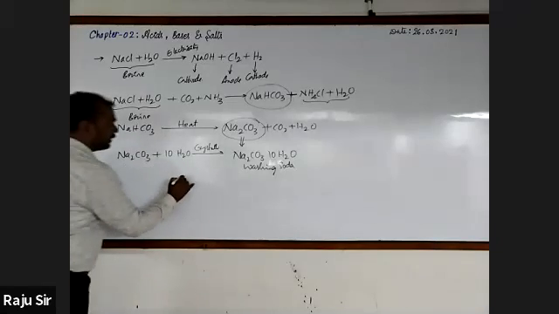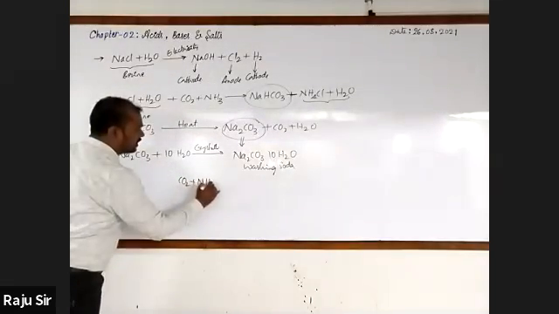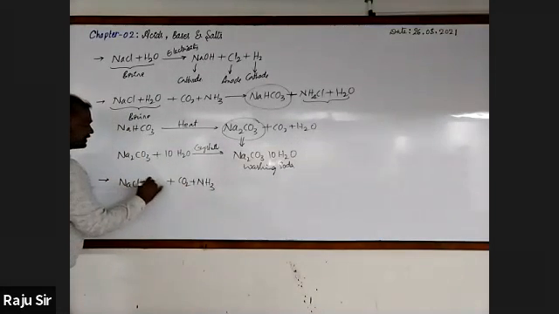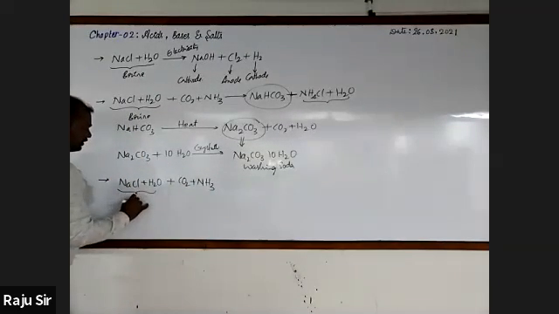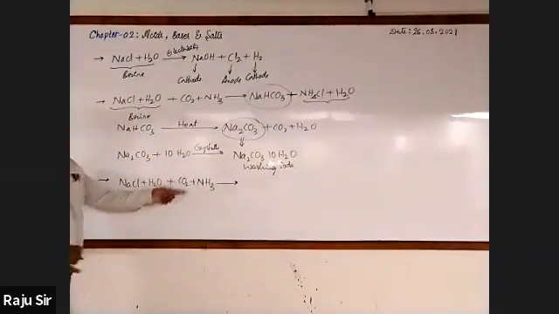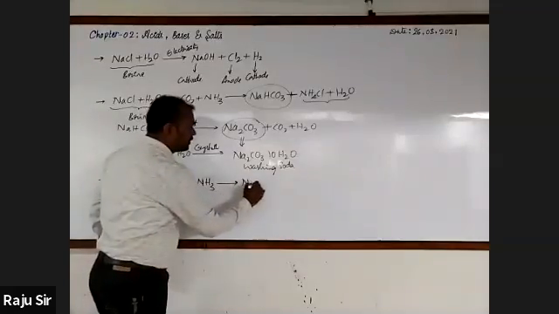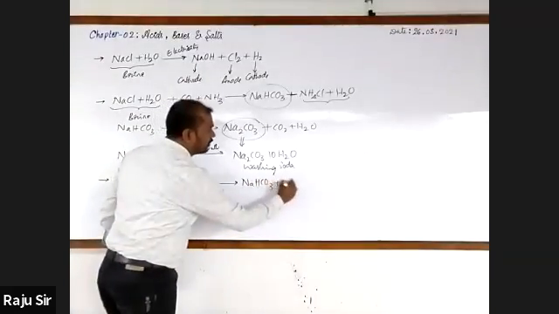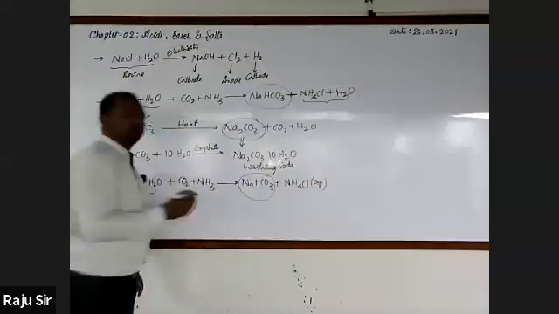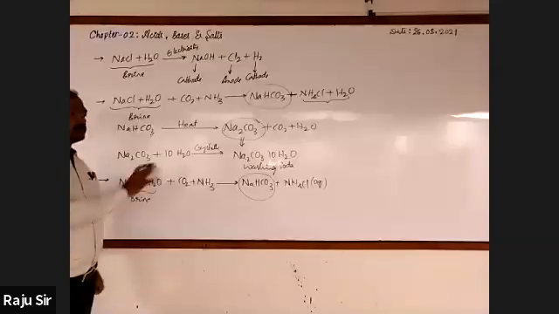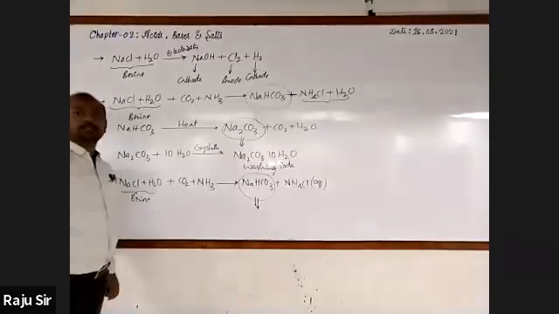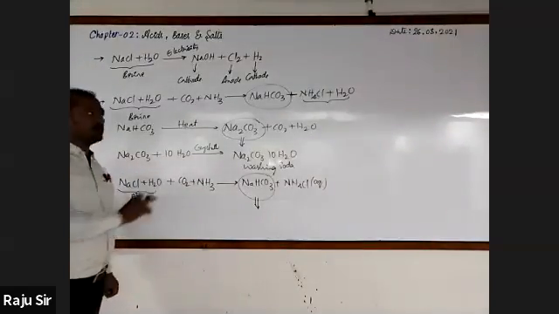That is, when carbon dioxide and ammonia gases are passed into the brine solution, that is NaCl plus H2O, which is nothing but concentrated solution of sodium chloride, it produces the compound called sodium bicarbonate and then ammonium chloride solution. This sodium bicarbonate is separated out by a process called filtration. So this is how baking soda is prepared.